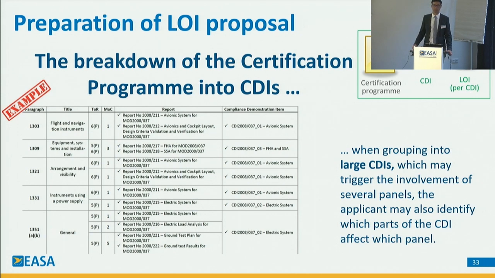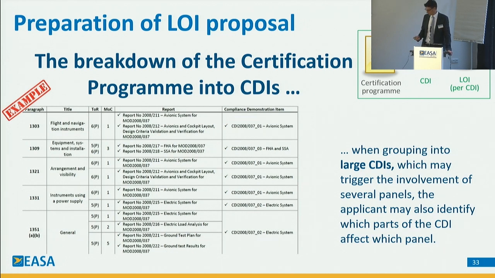And again, to make this process quick and easy for both sides, I really recommend doing this per panel, because maybe the performance is different per panel. If everything is the same for all panels, you could do it even together. But mention explicitly the EASA panels. This makes it much easier for us, and then the whole process is quicker by that, which should be the target.